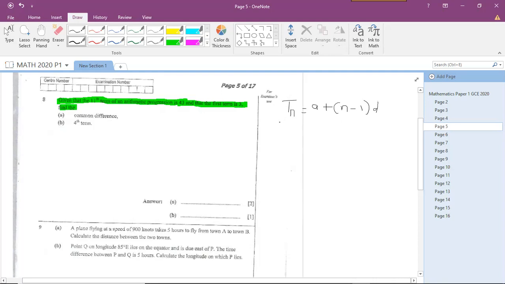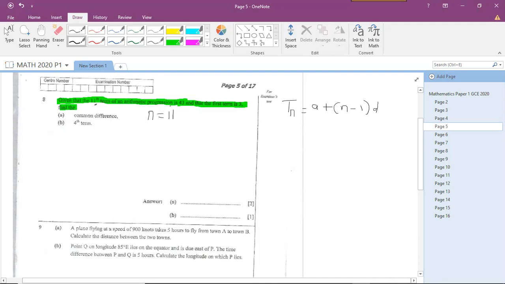How do we do that? The 11th term, n is automatically equal to 11. I told you this n can be the exact term, it can be the first term, second term, 10th term, whatever it is that the examiner says.